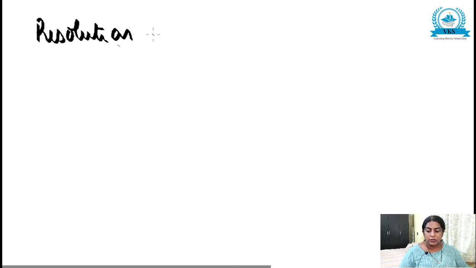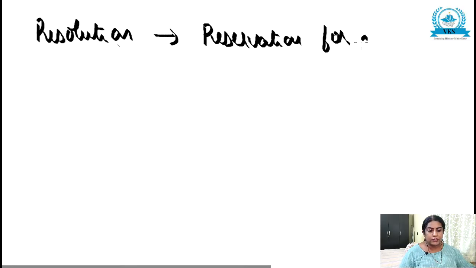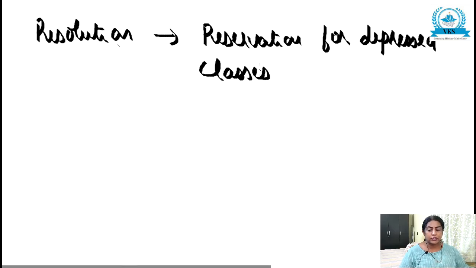The resolution was modified by providing reservation for depressed classes instead of separate electorates for untouchables, which was what Gandhiji was opposing.